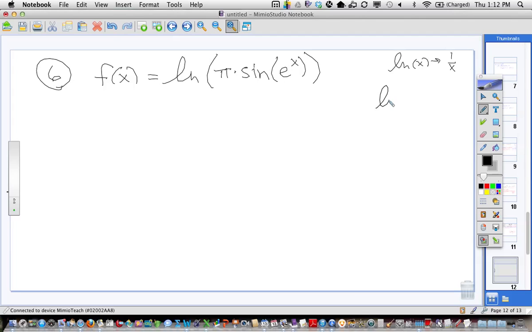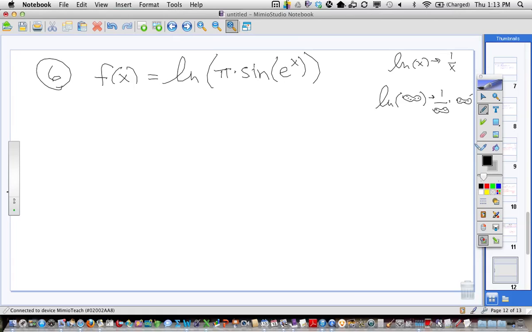What it is, ln of some stuff, let's call it peanut, is 1 over peanut times the derivative of peanut, peanut prime. Whatever.